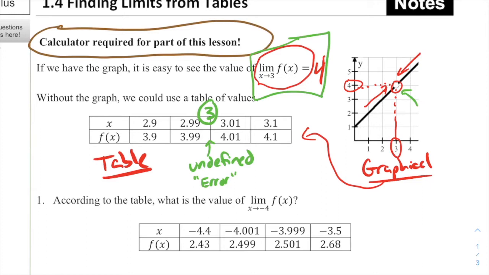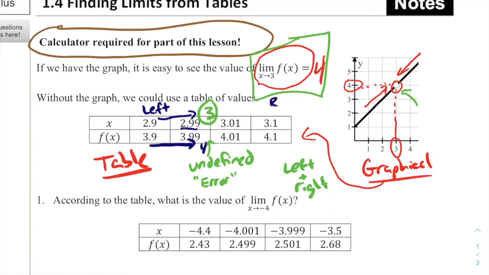In that case, we're going to look at the y values coming from both the left and the right side. Here is our table of values, which are also in the graph, and here are my values from the left. We notice that as the x values get closer to 3, they get really, really close, like 2.99, or we can get even closer and go like 2.99999. The closer we get to 3, we notice that these y values are getting closer to what looks like 4 from this side.